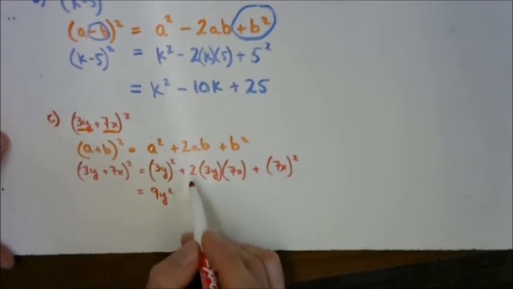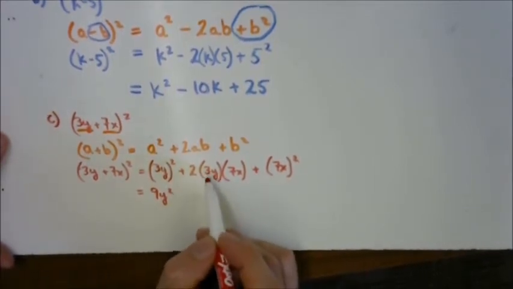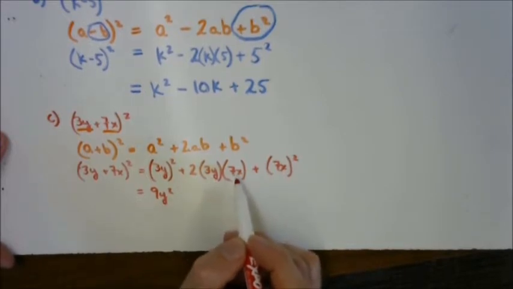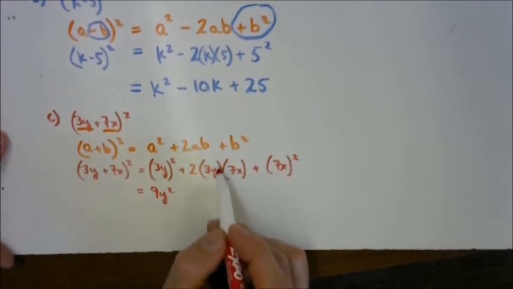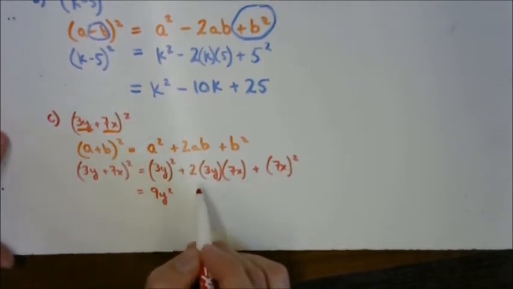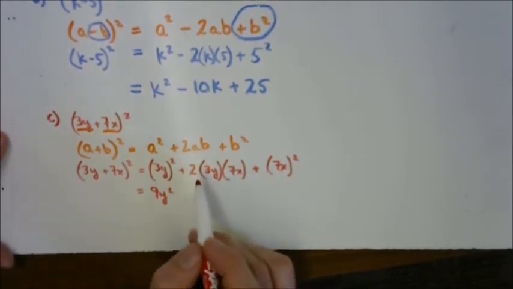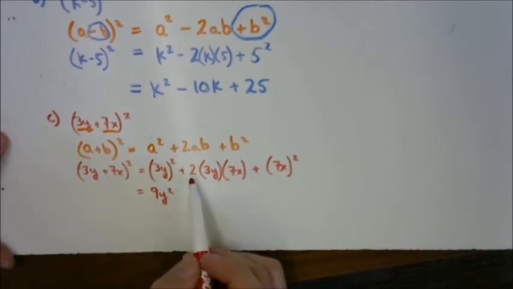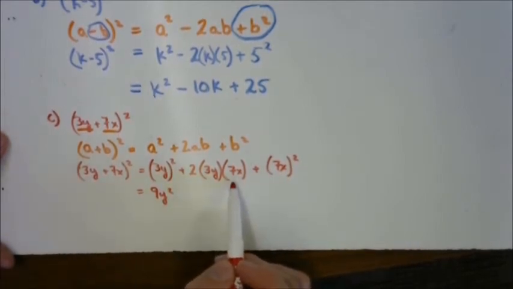Here we go. 2, and remember, these are 3 and y, they're attached by multiplication. 7 and x, they're attached by multiplication. But this whole bracket is also attached to that whole bracket by multiplication. So everything in here is just multiplication, which means you can rearrange it any old way you want. So you can do 2 times 3 times 7, which is 42.